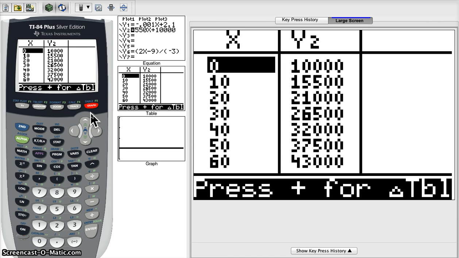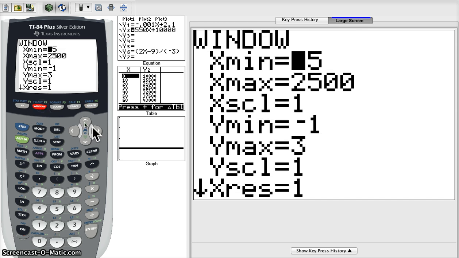So let's have my x go maybe between 0 and 100, and I'm going to have my y value start at 0. We see from the table, if x is 60, y is 43,000. So I'm going to set my y values to be pretty big, and my x values to be much, much smaller.